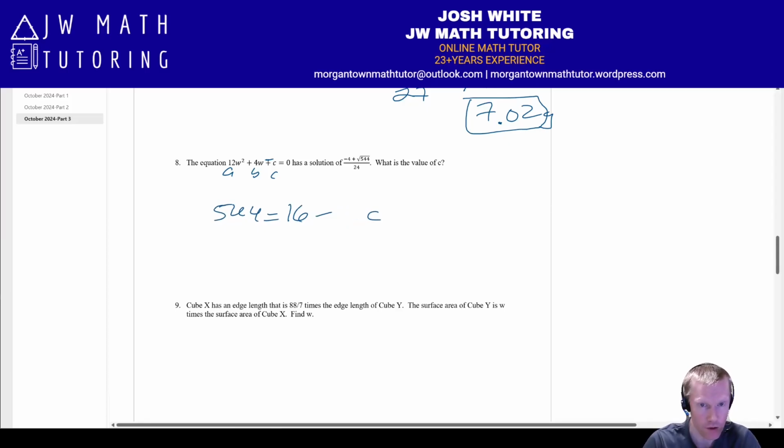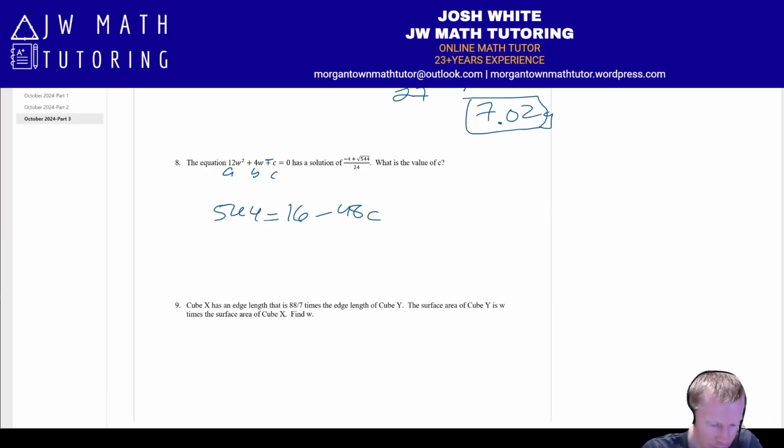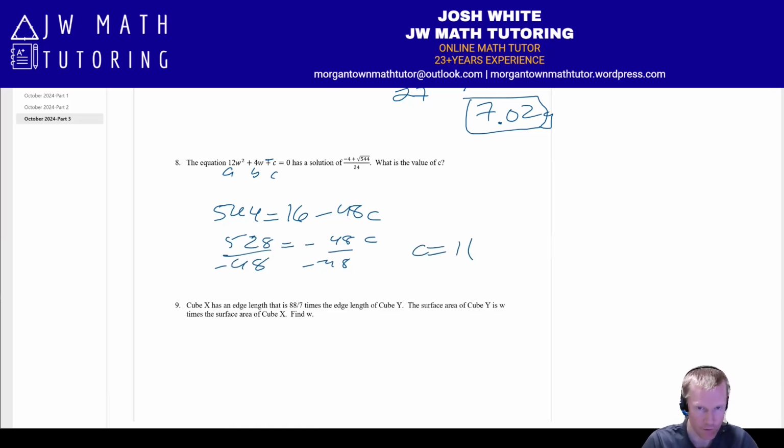A is 12, and 4 times 12 is 48. So now you just solve this equation. Again, this could be done in Desmos, but I'll probably just do it by hand. So you get 528 equals negative 48C, divided by negative 48, divided by negative 48. C has to equal 11.